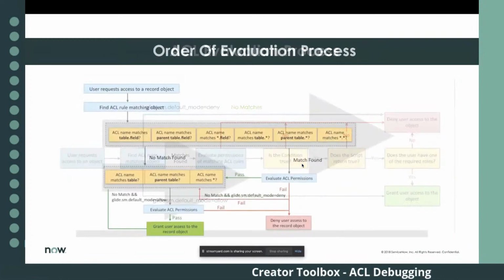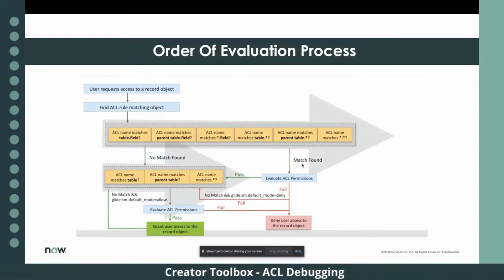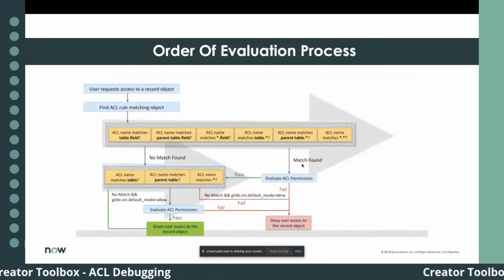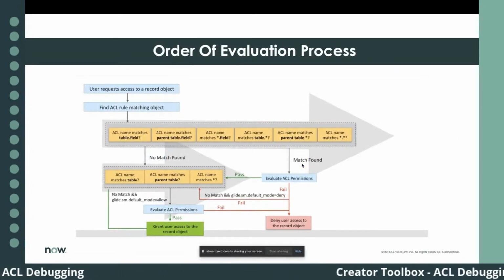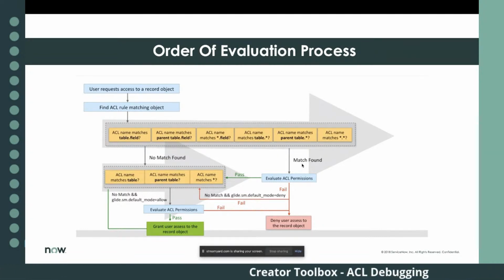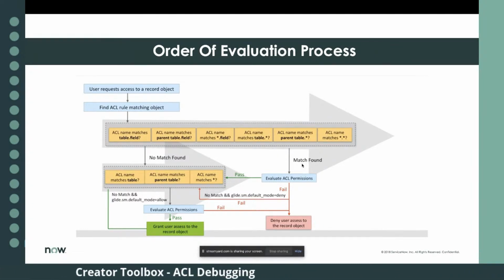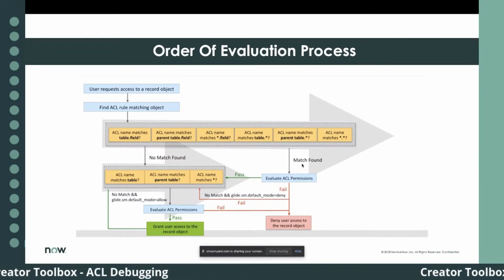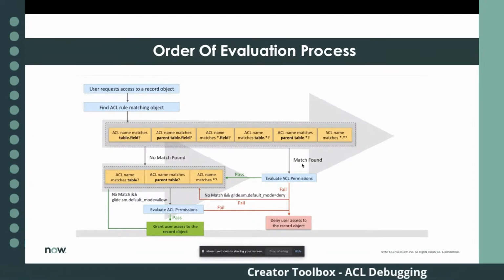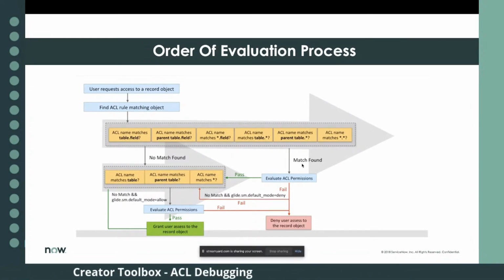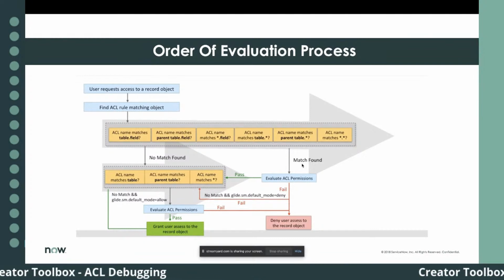Right. This evaluation process is for one ACL, but we need to understand how those ACLs get evaluated in the first place, meaning which ACLs will get applied for the specific resource. Whenever a user requests access, let's say I'm requesting access to a secret field on the incident record, it will check if there is an ACL matching that particular field.